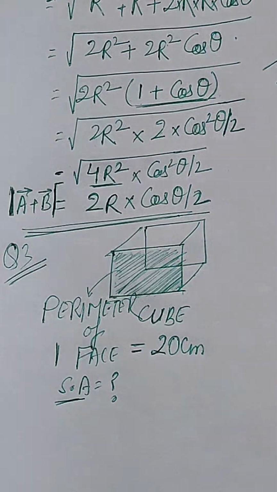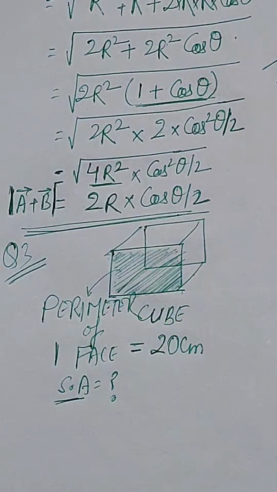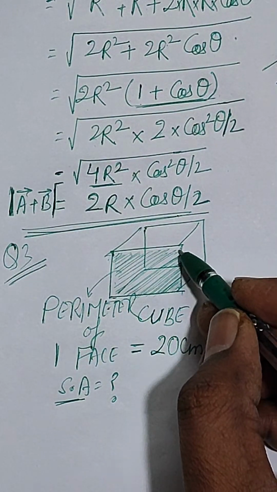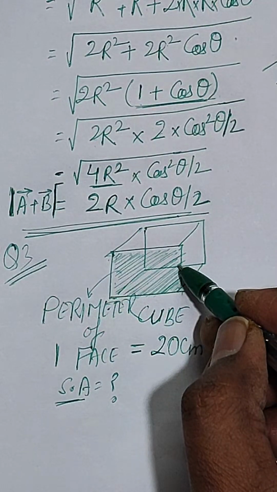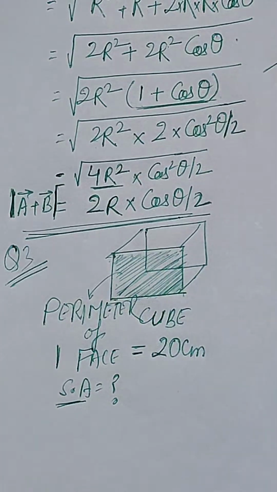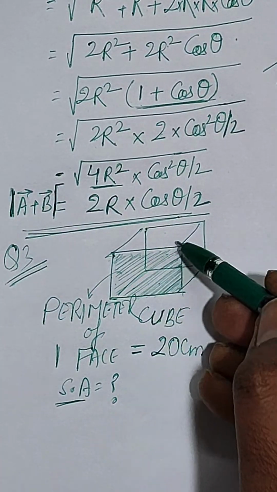So my dear friend, I am taking this question, that a cube is given to you, and one of the faces of this cube, how many faces are there in the cube? Let me know. There are total 1, 2, 3, 4, one in front, one in back.